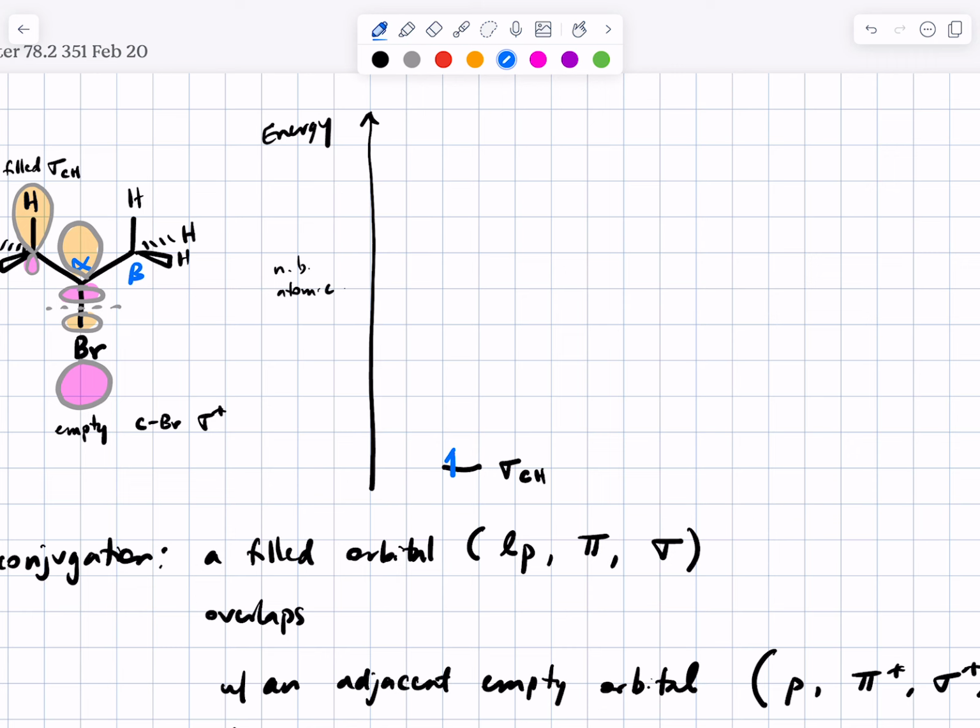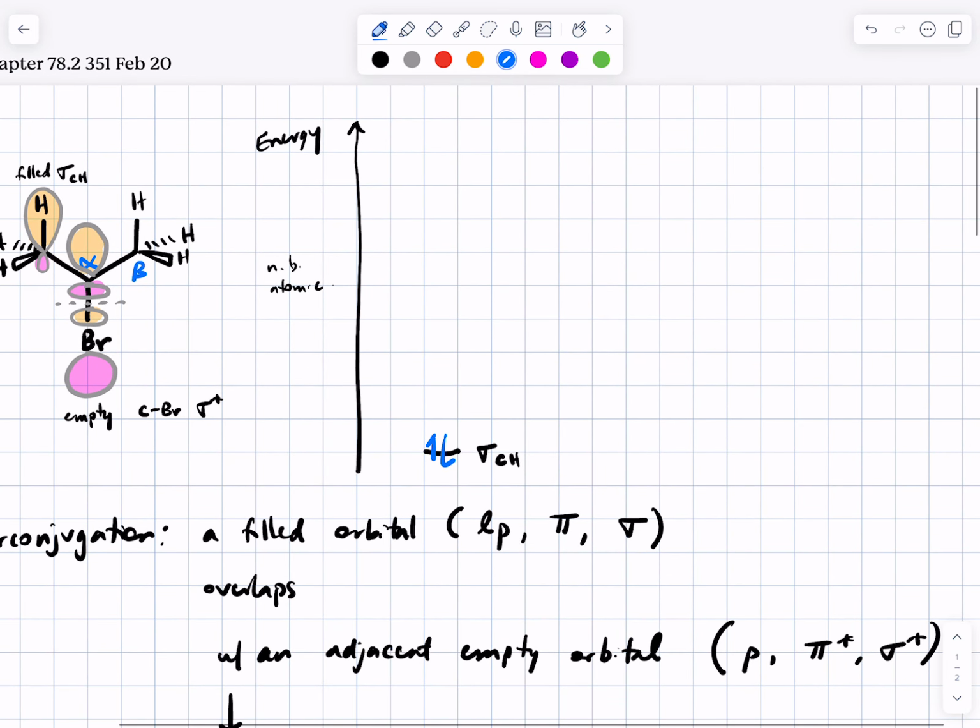And of course it's filled because it's got electrons in it. And then an empty anti-bonding orbital, like the carbon-bromine sigma star, would be quite high in energy. One's a bonding orbital, one's an anti-bonding orbital. Okay.